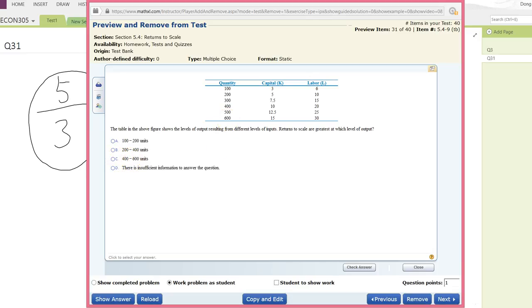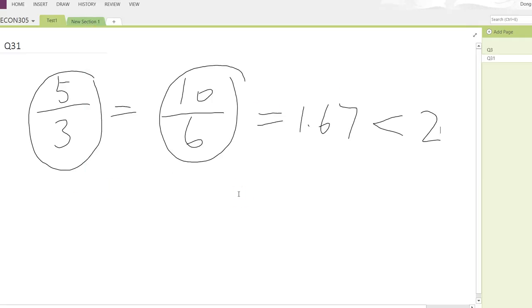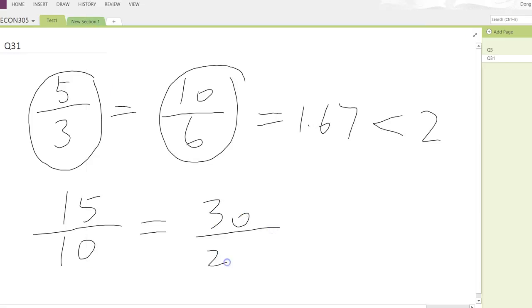And C, from 400 to 600 units. So 400 to 600 is less than doubled. Actually, it increases by 1.5 times. And for the inputs, capital increases from 10 to 15, and labor increases from 20 to 30. So both capital and labor increase by 15/10, which is actually equal to 30 over 20, so that's 1.5.